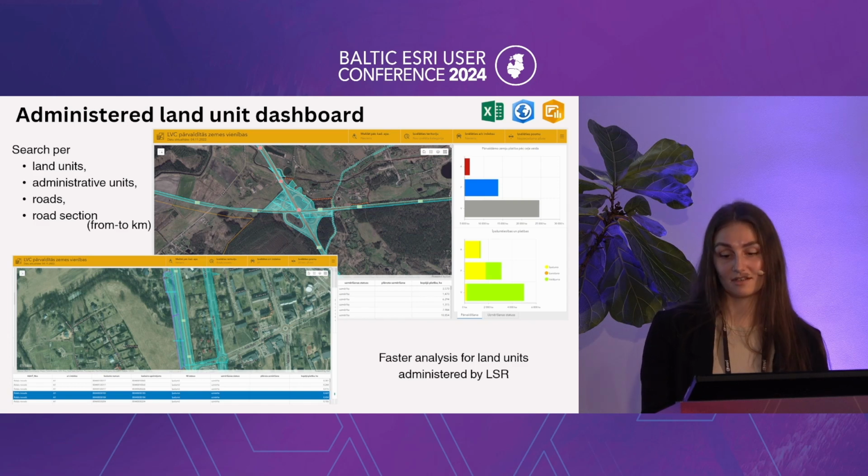Luckily, Envirotech published this open cadastre data combined with the address register also as a feature layer in ArcGIS Living Atlas, that colleagues were speaking about yesterday. It is an interesting place to find interesting layers. This layer was then used for finding polygons of land units that Latvian State Roads administers, by finding joins between attribute tables.